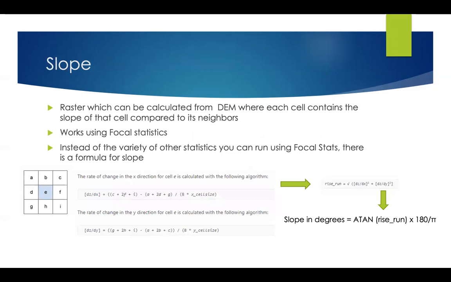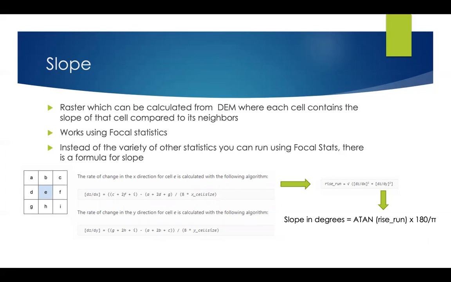Slope is a fairly common terrain analysis tool where we use focal statistics. Remember our moving window? In this type of analysis, we analyze whether there is a change in slope between our center cell and the surrounding cells.